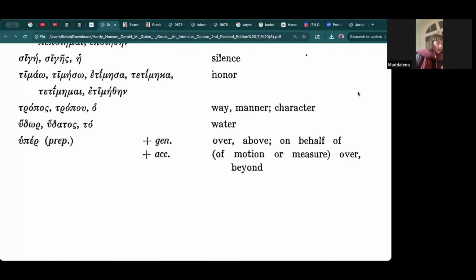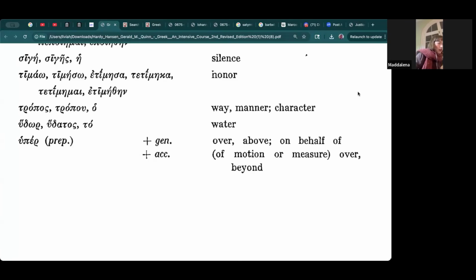Sige, silence. Sigës. Timao, timeso, etimesa, tetimeka, tetimemai, etimethen, to honor.